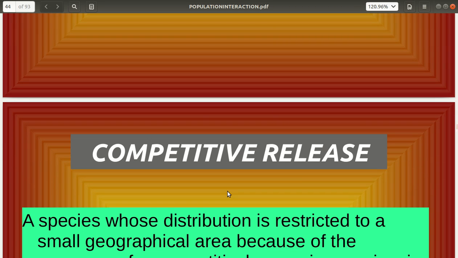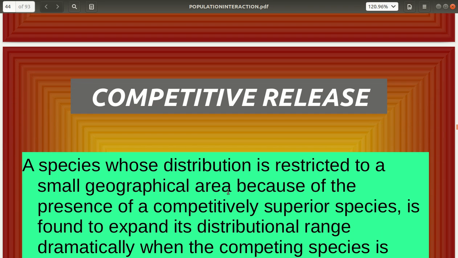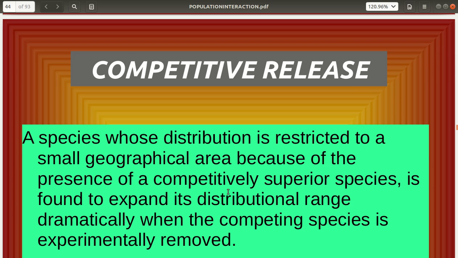Now, competitive release. A species whose distribution is restricted to a small geographical area because of the presence of a competitively superior species is found to expand its distributional range dramatically when the competing species is experimentally removed.